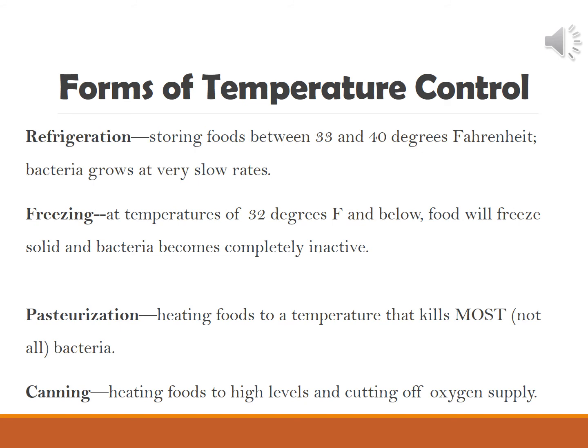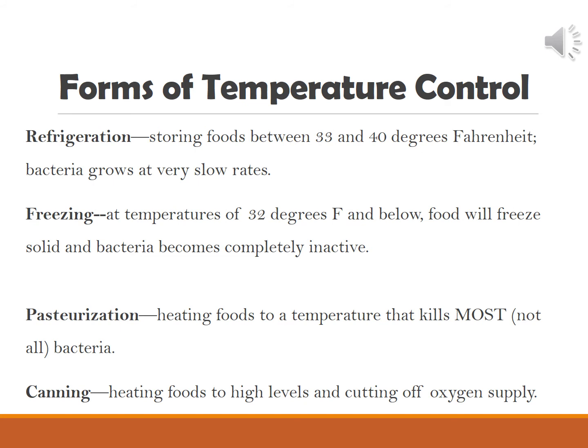The next two processes are more commonly found in large food service establishments, and these are pasteurization and canning. Pasteurization involves heating foods to a temperature that kills the vast majority of microorganisms, but does not kill all of them.